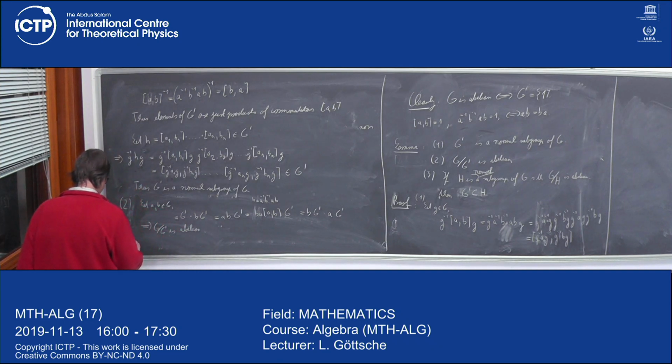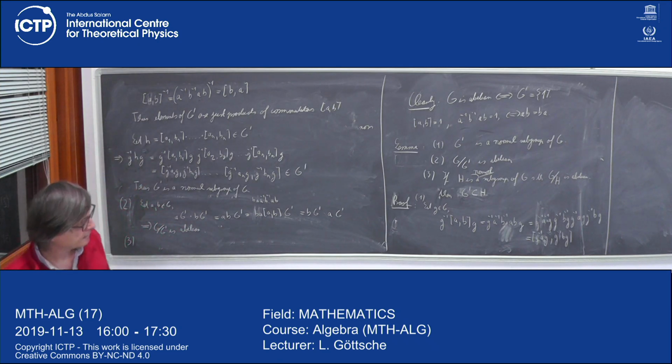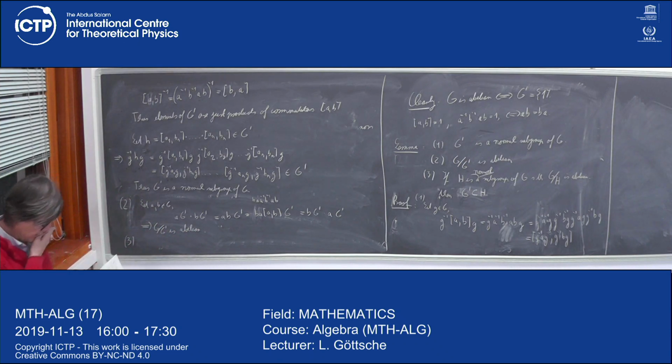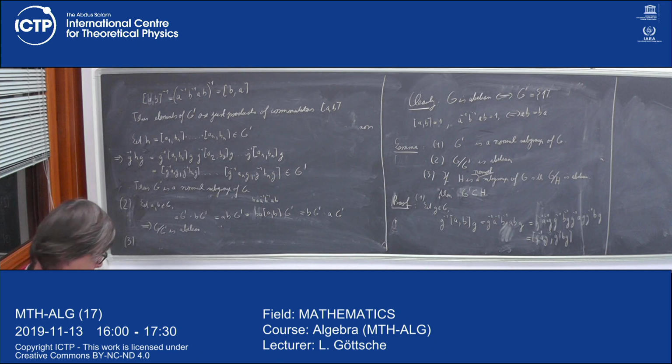And now, the third statement, we have to see that H is the smallest, that G prime is the smallest subgroup.